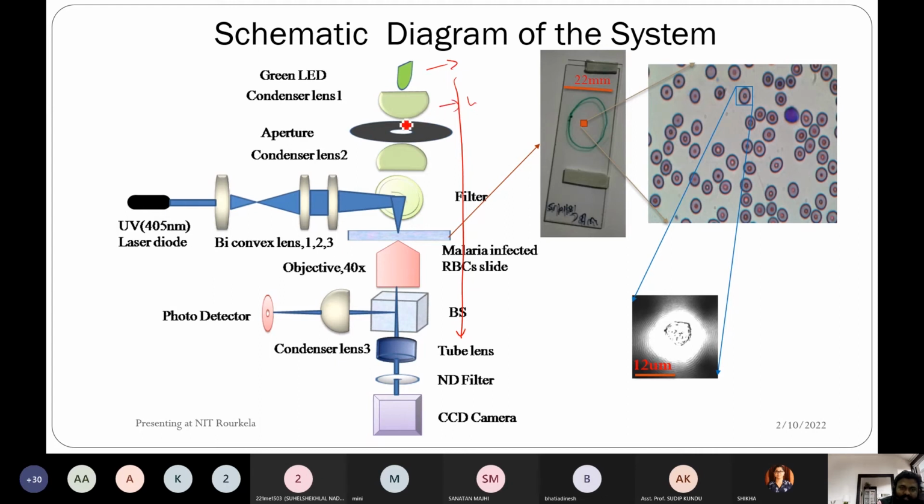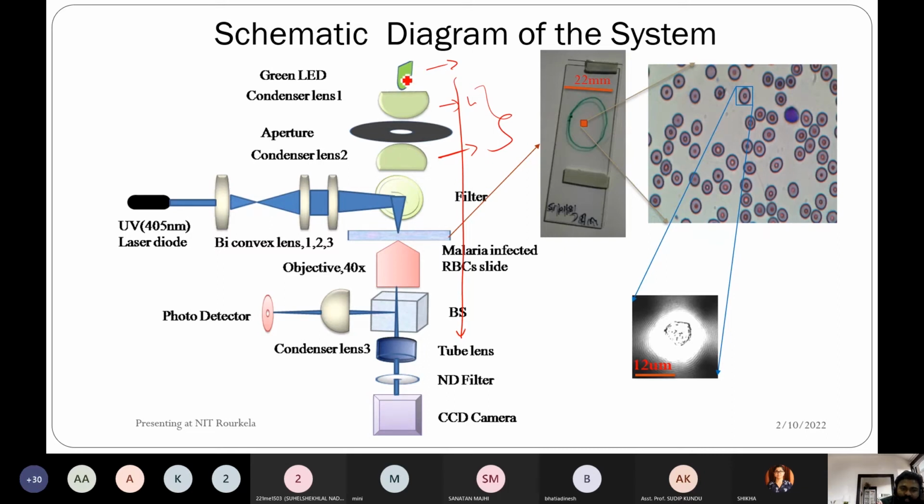There are two lenses here, so that you have a 4F system, and then you can eliminate some of the scattered information or artifacts.